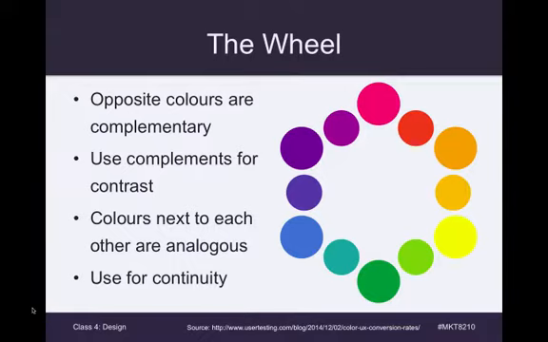And so let's take blue and orange. If you put an orange button on a blue background, it'll probably stand out. Okay, so that's use of contrast in color. But colors that are next to each other, what's known as analogous colors, are usually used to show continuity or to show that something is seamless.